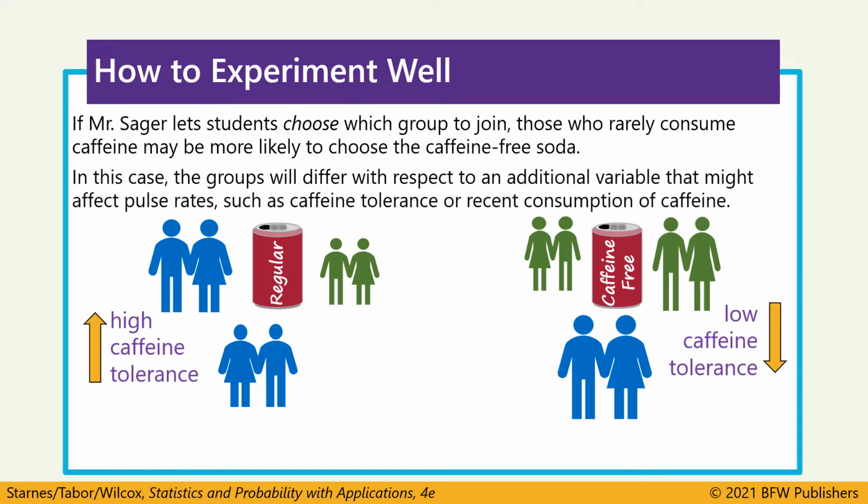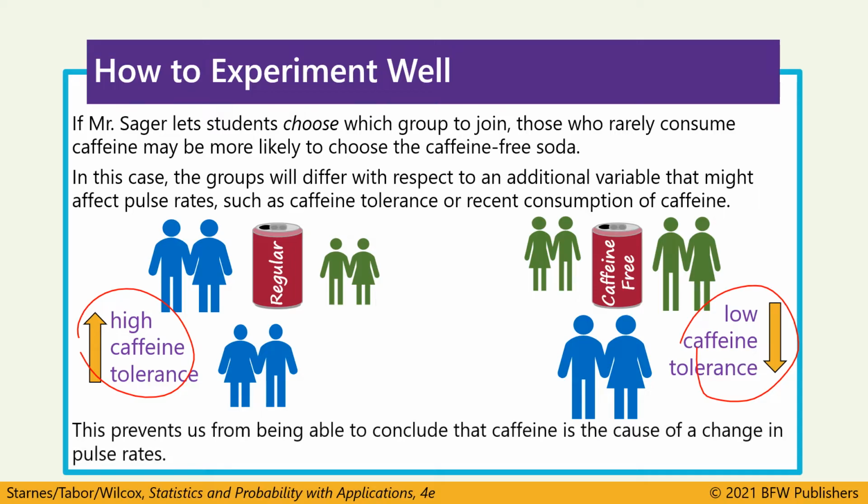And this is introducing an additional variable that might affect pulse rates, namely caffeine tolerance. If we get to the end of this study and we see no effect, is it because caffeine doesn't actually have an effect on pulse rates, or is it because we're only giving caffeine to people who already have a high tolerance for it, and the people who have a low tolerance don't get caffeine at all?